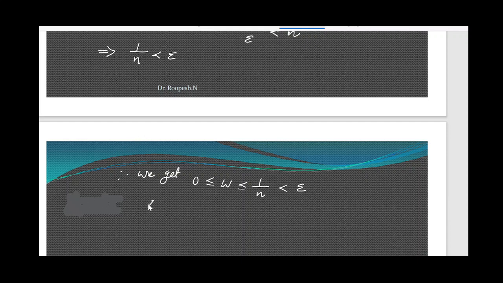Since epsilon is arbitrary, it follows from theorem 2.1.9. What was 2.1.9? It says that if A is less than or equal to epsilon for every epsilon greater than 0, then A is equal to 0.